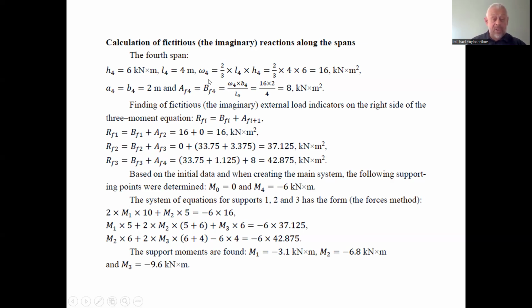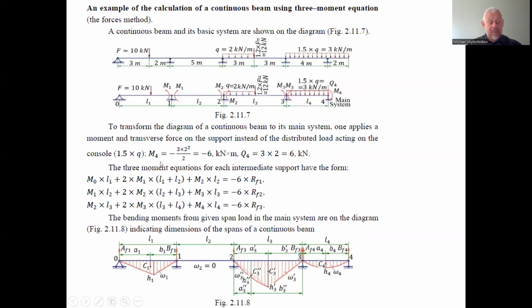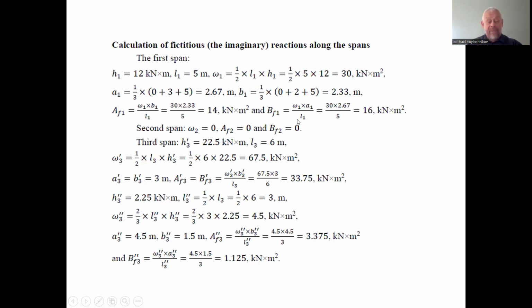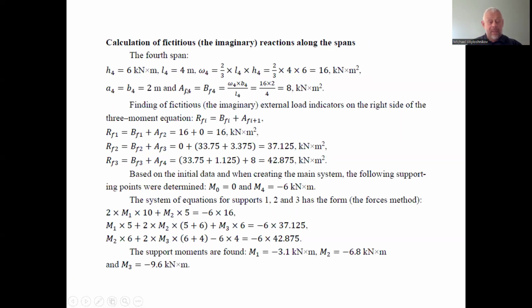So after substituting in the summands of the fictitious load RF, considering the formulas indicated before, we can find the summands of fictitious load in the fourth span, AF4 and BF4, as H kilonewton by square meter.